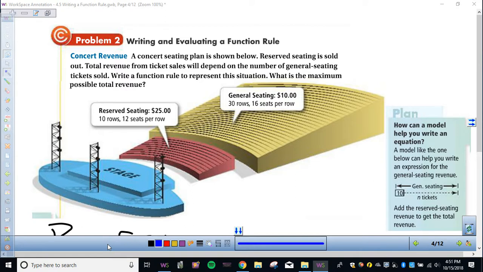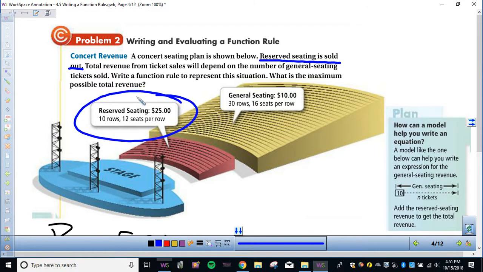So up here it says reserved seating is sold out. So we have to figure out how much money they made with this reserved seating right here. If reserved seating costs $25, they have 10 rows, 12 seats per row. 10 times 12 is 120. So we're going to do 25 times 120.